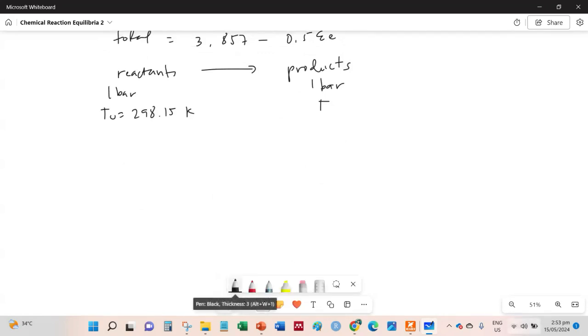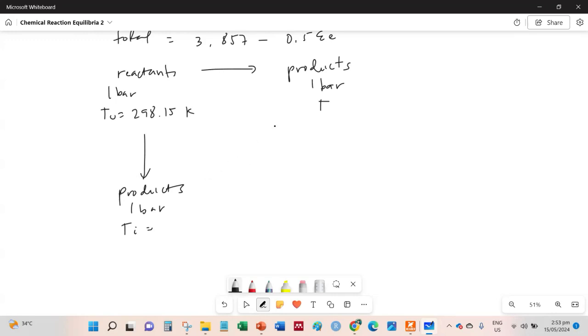In our hypothetical path, the reactants become the products at 1 bar and intermediate temperature 298.15 Kelvin.